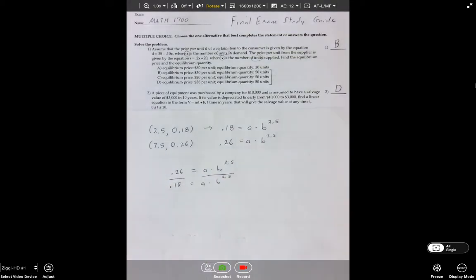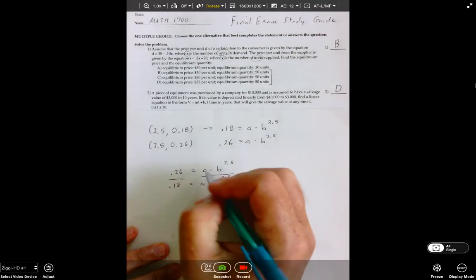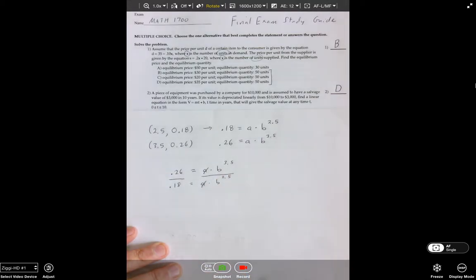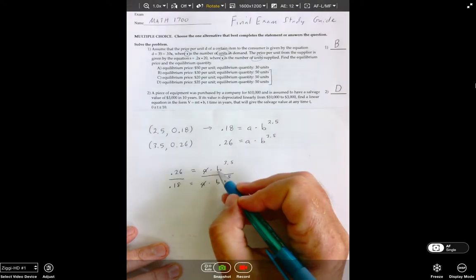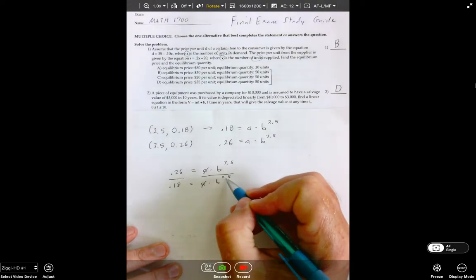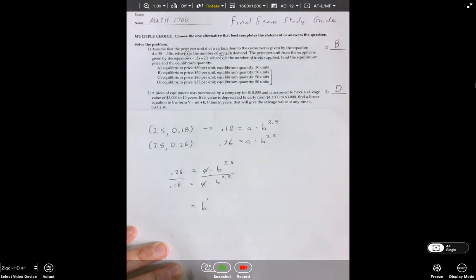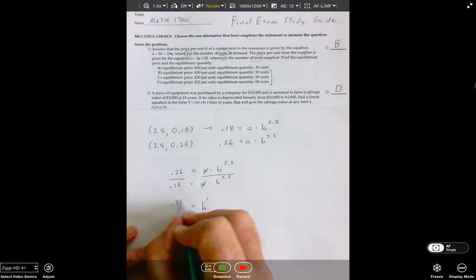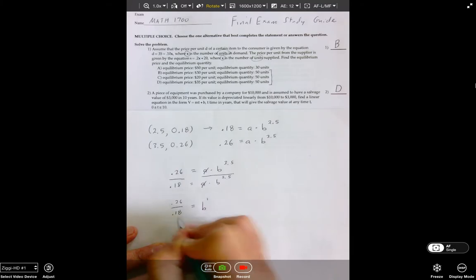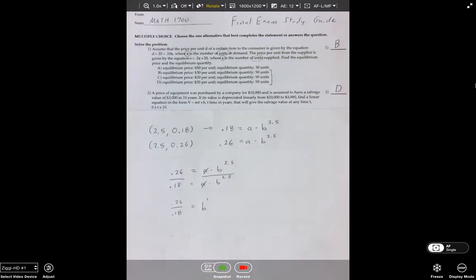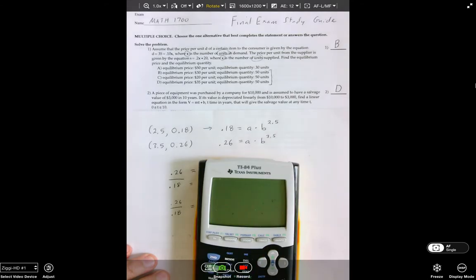Now, if I take this and divide out, I can see that my a's will cancel. Remember, this is b to the 3.5 over b to the 2.5. This just gives me b to the first power. So this is 0.26 over 0.18. So I'm going to use my calculator to come up with that.